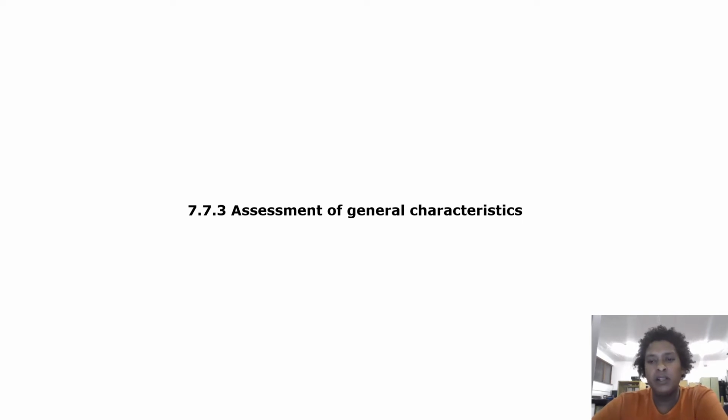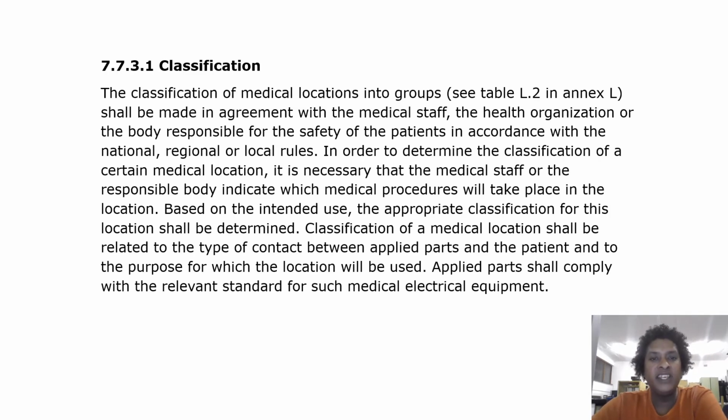Assessment of general characteristics. Classification. The classification of medical locations into groups shall be made in agreement with the medical staff, the health organization, or the body responsible for the safety of the patients in accordance with the national, regional, or local rules.